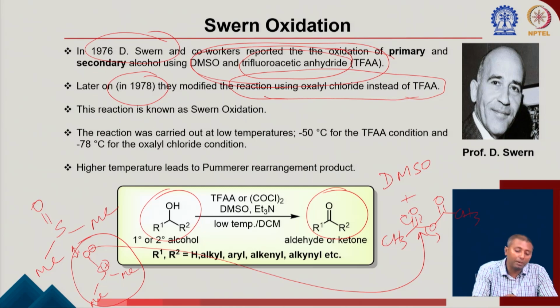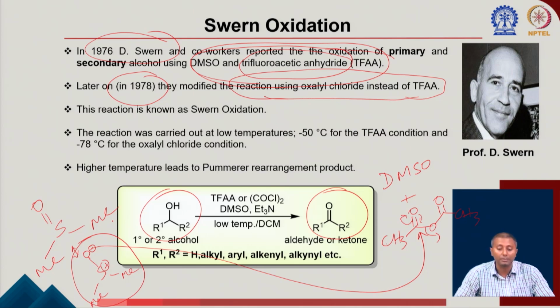That means you are somehow trying to make this activated sulfur. Once you make that, the alcohol attacks here, and then there will be formation of some sort of ylide-type species.